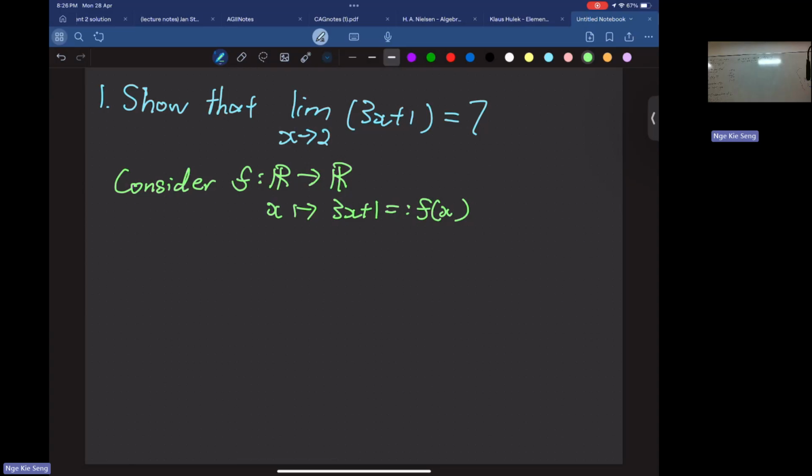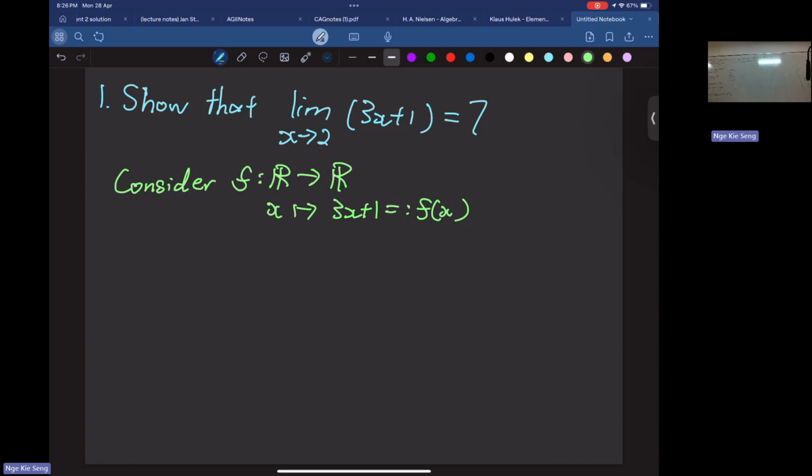So when your x gets closer to 2, you look at how f(x) changes. It also gets closer to 7. For this kind of function, you can draw the geometry, you can sketch the graph.